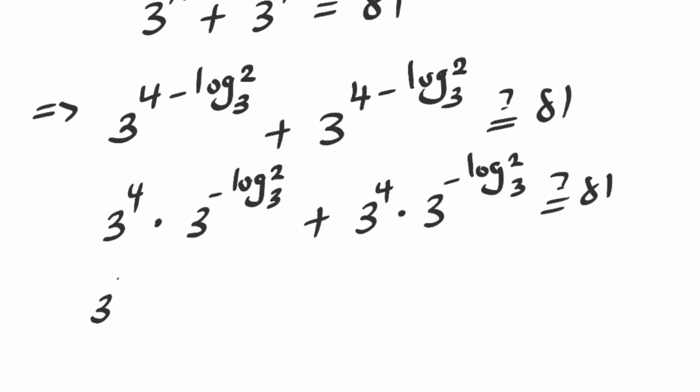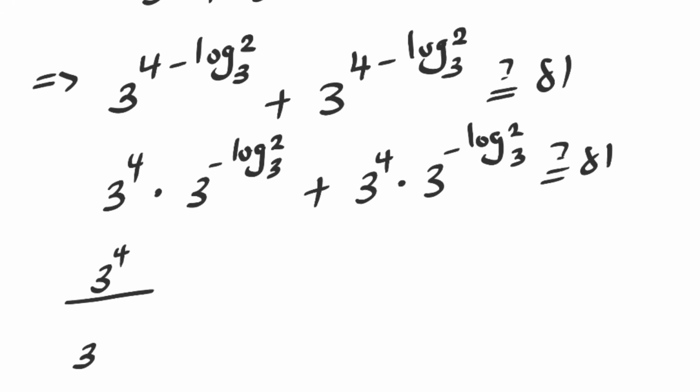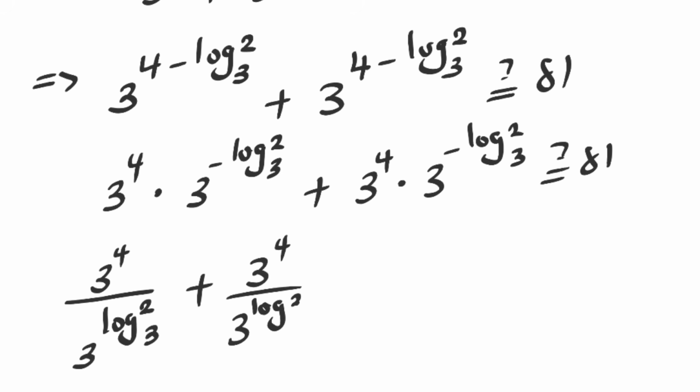This is 3 raised to power 4 divided by 3 raised to power log 2 base 3 plus 3 raised to power 4 divided by 3 raised to power log 2 base 3 must be equal to 81.